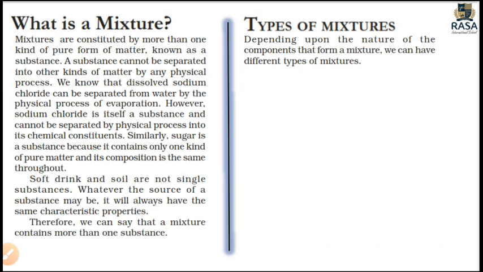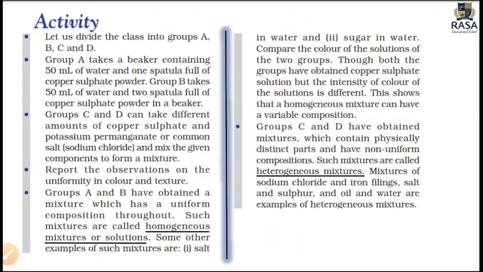On the basis of that, we will classify mixtures into two categories: homogeneous mixtures or solutions, and second, heterogeneous mixtures or non-homogeneous mixtures. So let us see with an activity how we can understand homogeneous and heterogeneous mixtures. So we have four groups in a class.